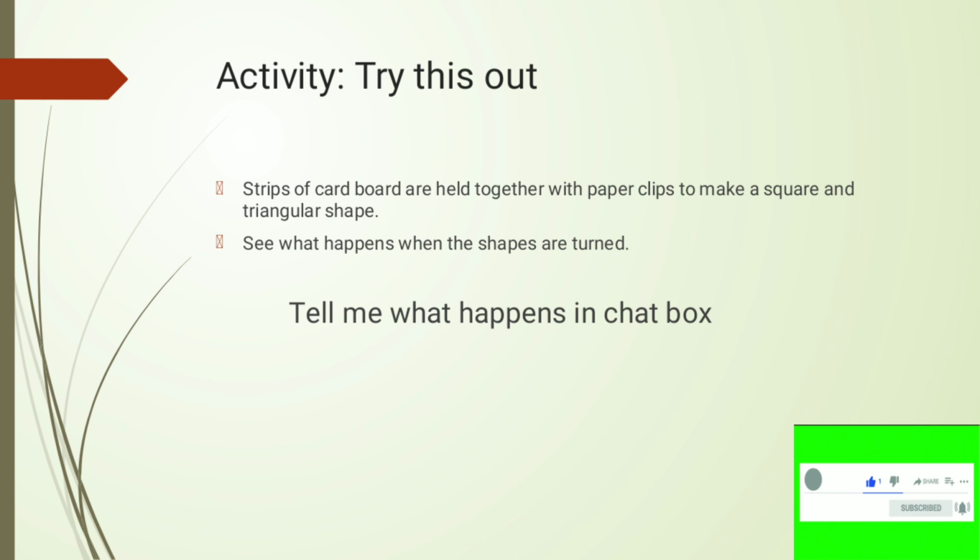Use paper clips at the vertices to make a square and a triangle shape. See what happens when the shapes are turned. Turn them half, meaning tilt them, and then turn them fully. And tell me if the shape changes or remains the same. Tell me what happens in the chat box.